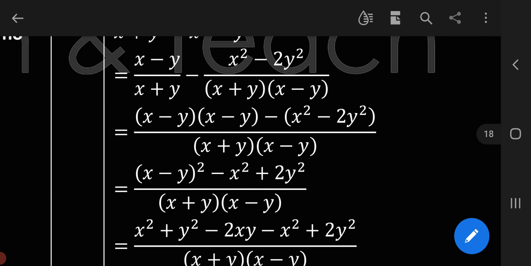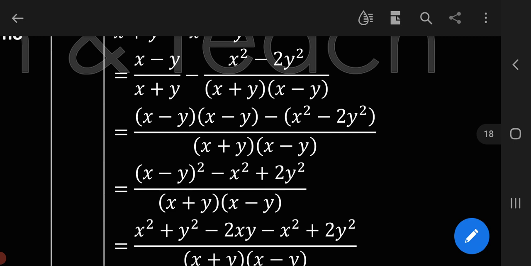So 1 will be multiplied with the numerator of the second algebraic fraction, that is x square minus 2y square. When something is multiplied with 1, the result will again be the same. So you can put it here, minus x square, now plus 2y square. The question arises that in the numerator it is written minus 2y square, but here it has been written plus 2y square.